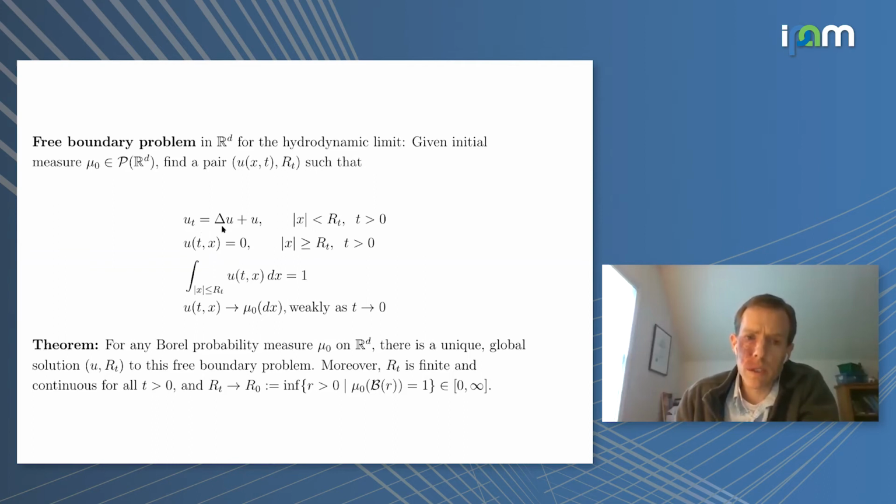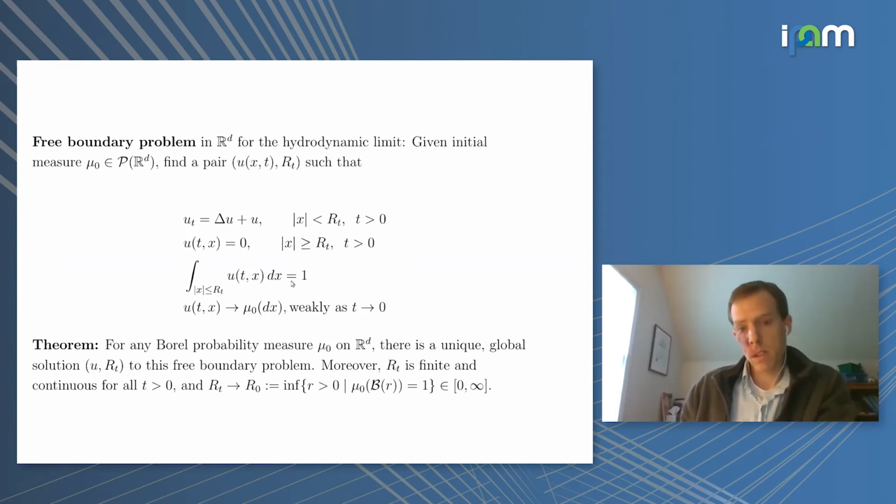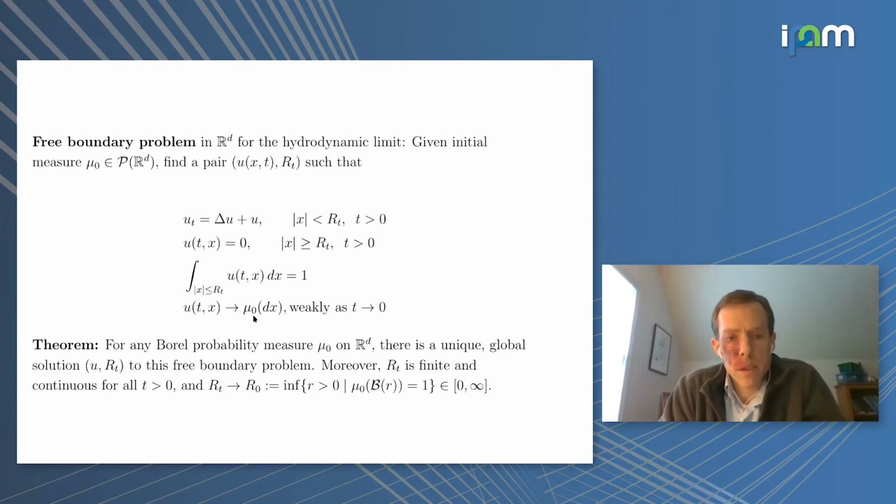The function u is required to be continuous for positive time, and take the value 0 on the boundary and beyond. Moreover, there's an integral constraint. The total mass of the density u is 1. So u is the density of a probability measure. The initial condition is satisfied in the sense that as time goes to 0, the density u converges weakly to the initial measure mu naught.